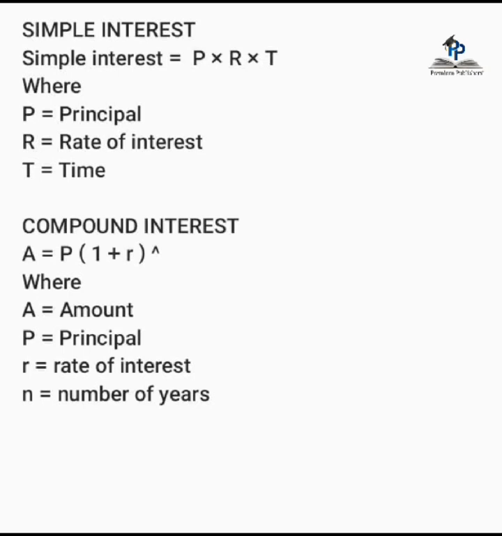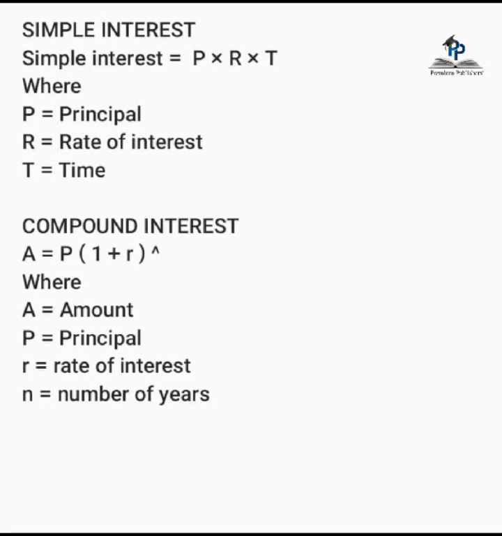There's another one that looks similar to it, and that one is called compound interest. Compound interest is another method of calculating what an amount will be in future and present as well. That one, the interest is calculated on both the principal and the interest.